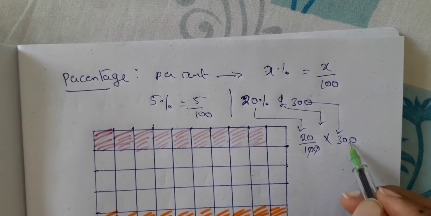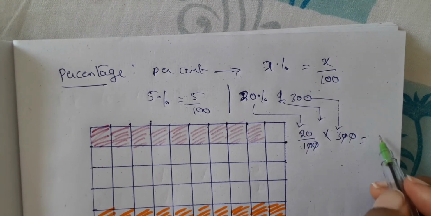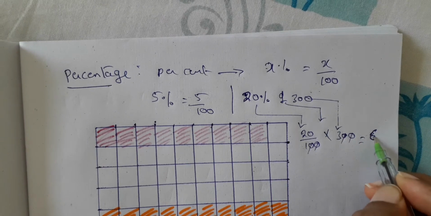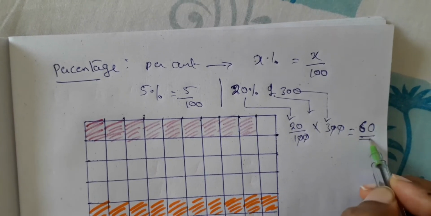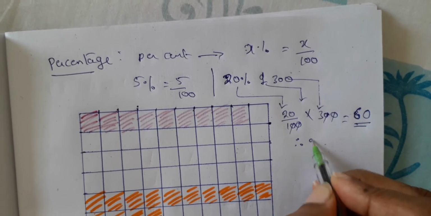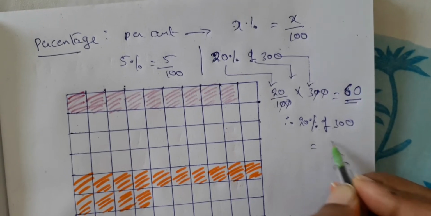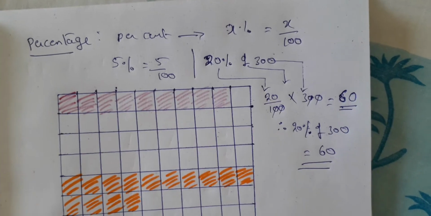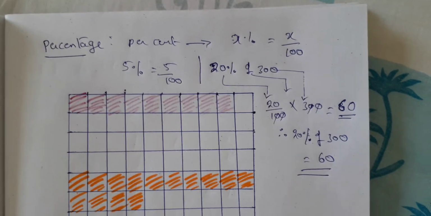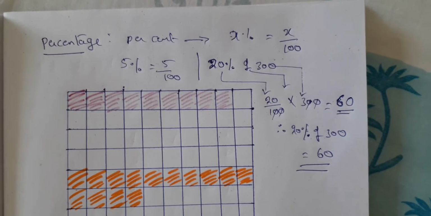So therefore the 100 will get cancelled, 3 into 20, 60. So what you will write? 20% of 300 is equal to 60. This is how we understand percentage.